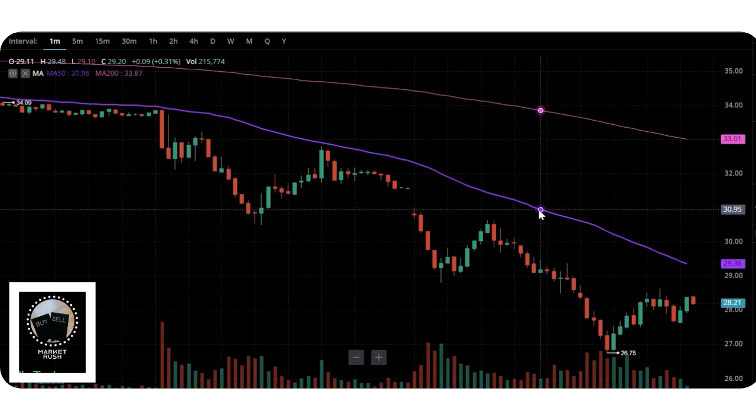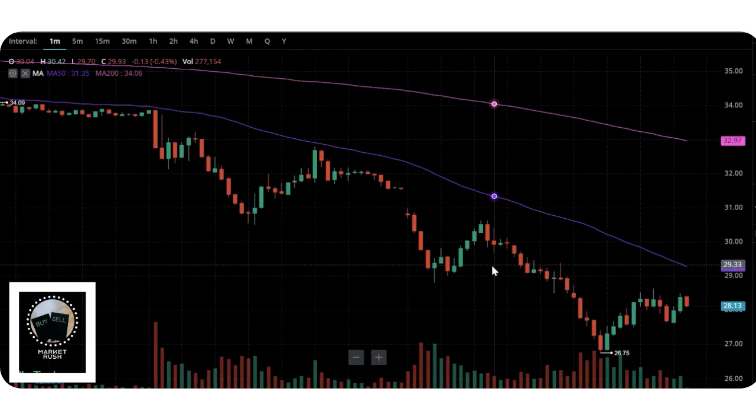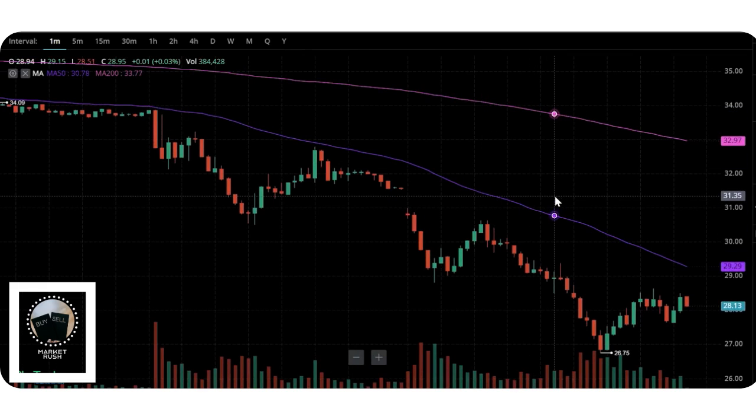Again, if you've ever watched my live trade videos, then you've seen the purple line is the 50 period moving average, and then the pink line is the 200 period moving average. And then the final one you want to do, and I'm not going to go into this very much at all because I did an entire video on it that's like 15 minutes long. If you're interested in this next indicator and want more of the details about why I started to use it, just down in the description area, I'll put a link to that video.